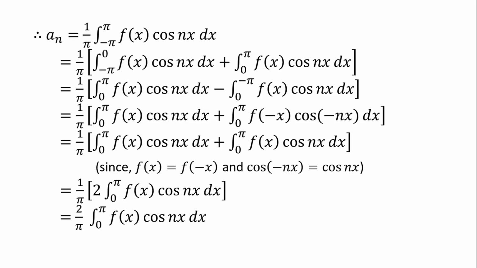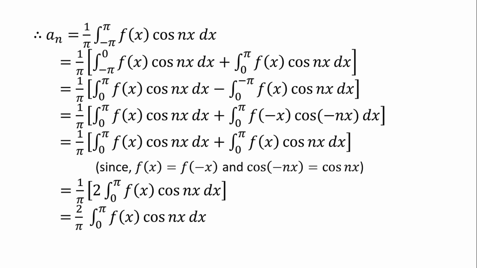And in this way, an evaluates as 2 by pi integration 0 to pi f(x) cos nx dx. So this is about evaluation of an, explained in this slide.